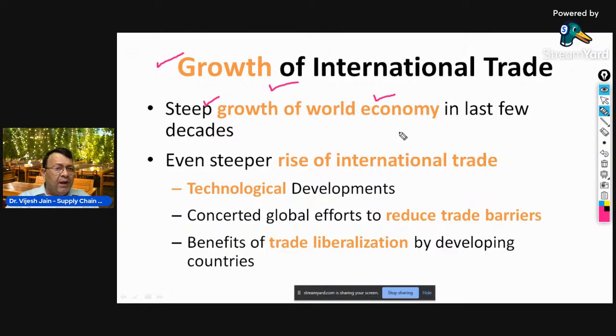So we are looking at a growing world and a growing improvement in the standard of living of the people of the world. So whichever continent you talk about, the growth is happening. An even steeper rise of international trade, that is what we are witnessing, resulted from the technological developments.